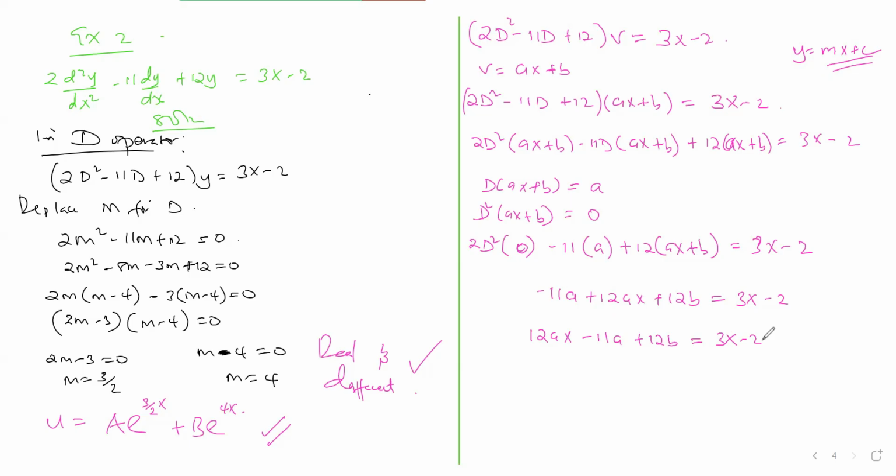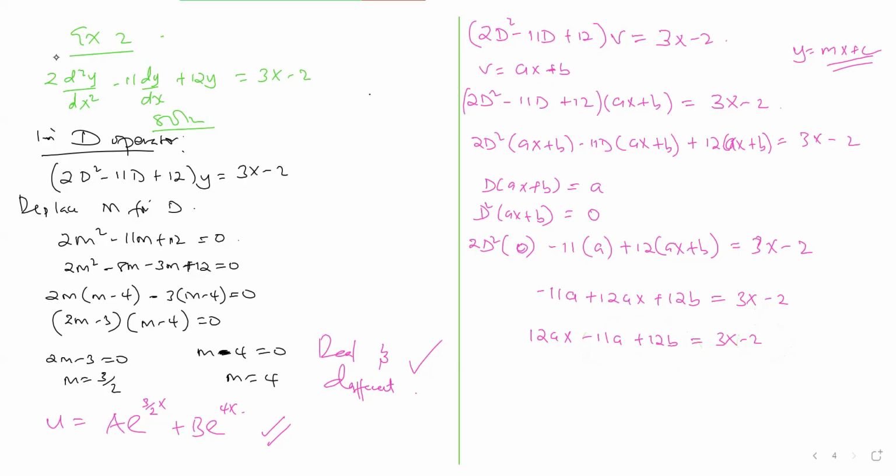We need to compare the value of a on the value that has an x on this side. Whatever is on this side should be the same as whatever we have on the other side. So anything that has an x here should be the same as anything that has an x. Anything that is a constant here should be the same as the constant on the other side.